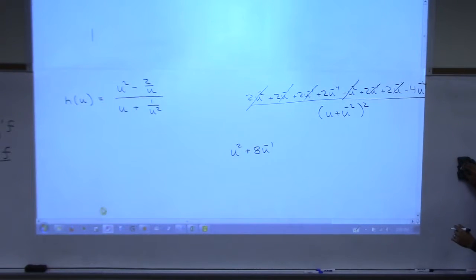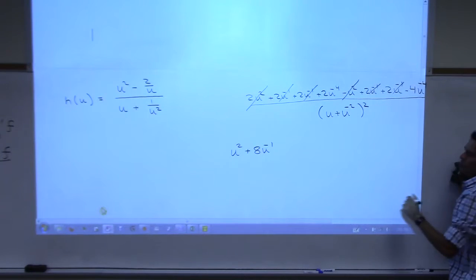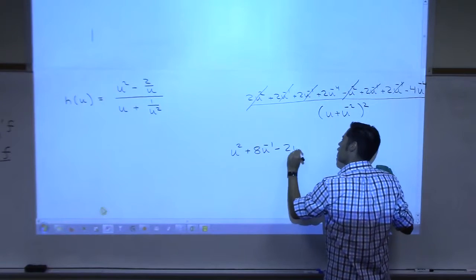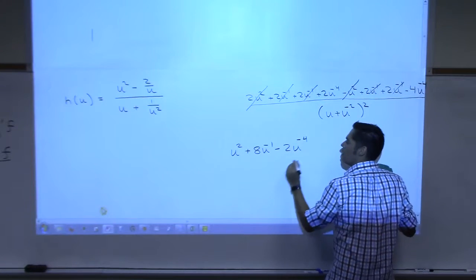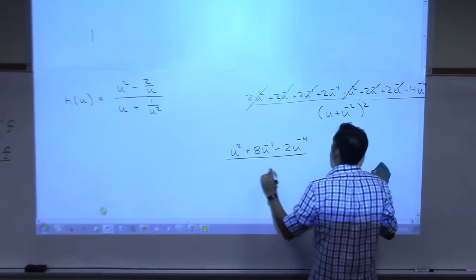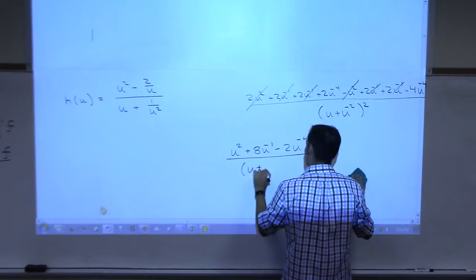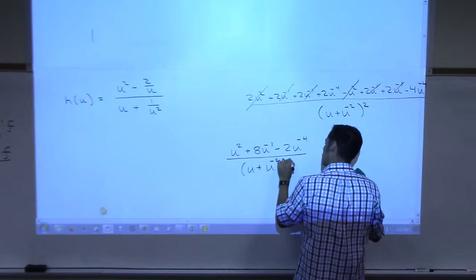And then u to the negative 4. I have 2 of them, take away 4 of them. So negative 2u to the negative 4. And then over this common denominator, u plus u to the negative 2, squared.